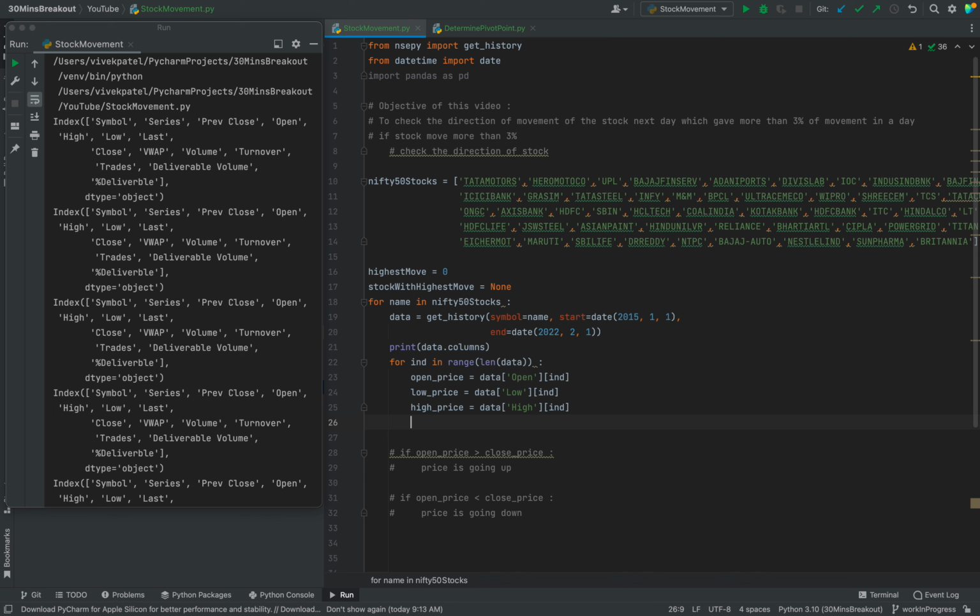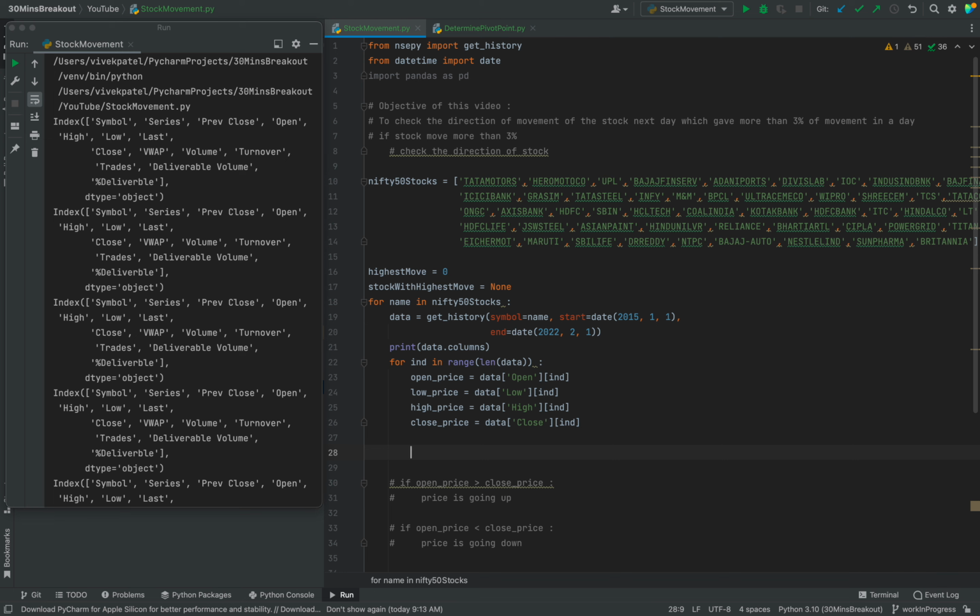Open, low, high, and close. So we have open, high, low, close price values.